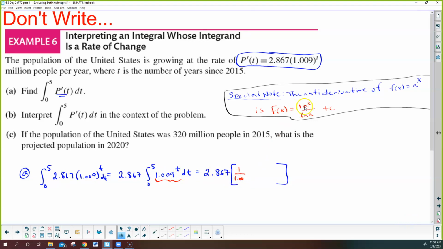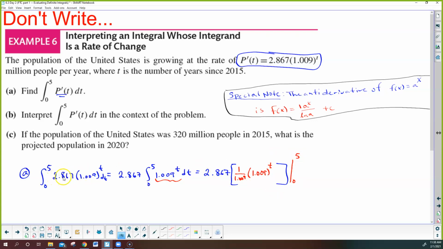So instead of writing it as a to the x over that, I'm going to pull that out, and then I'm just going to multiply by its base. Now the plus c, we don't have the plus c because our plus c is taken care of by the 0 to 5. But this would be the antiderivative.